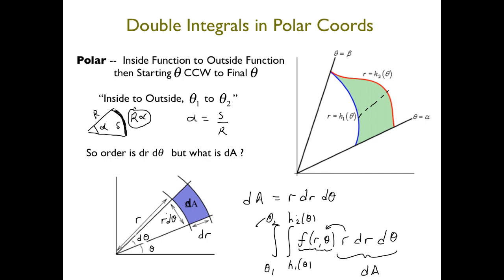Okay, so this extra r, is it always just going to be a number? No, it's changing, right? It's our variable. R and theta are variables in this situation. So as we integrate from here to here, we're basically accumulating these dAs.